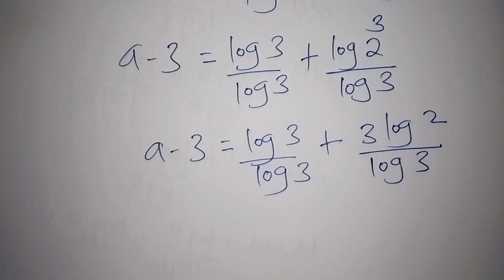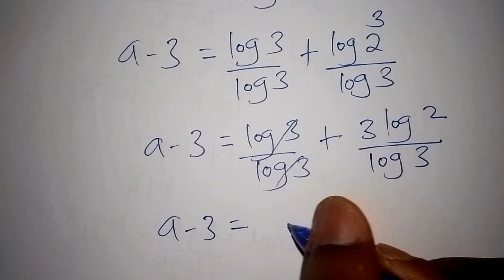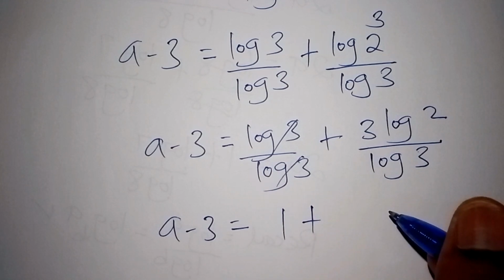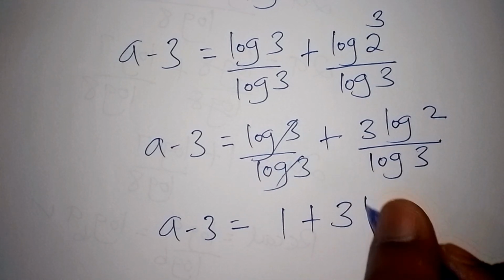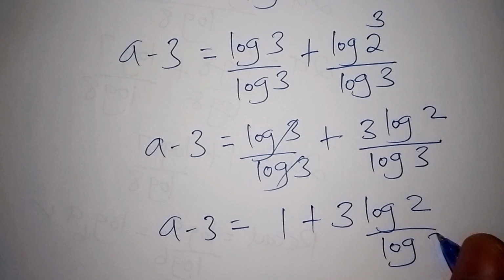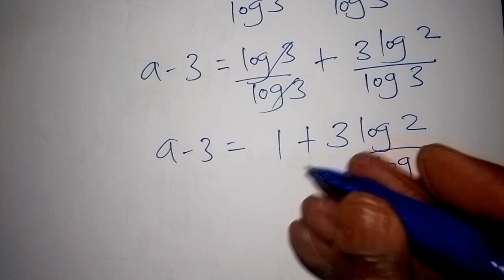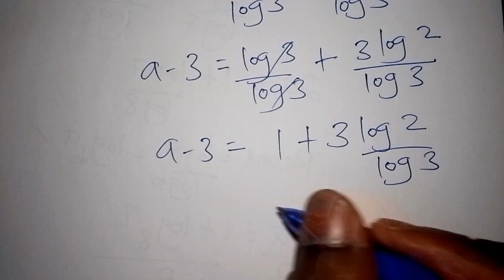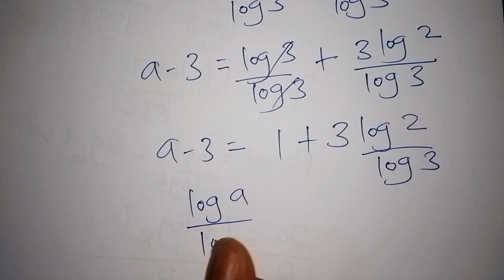So here now we shall say that a minus 3 is equal to, when you cancel, 1 plus 3 the log of 2 all over the log of 3. So finally, assume we have something like the log of a all over the log of b.